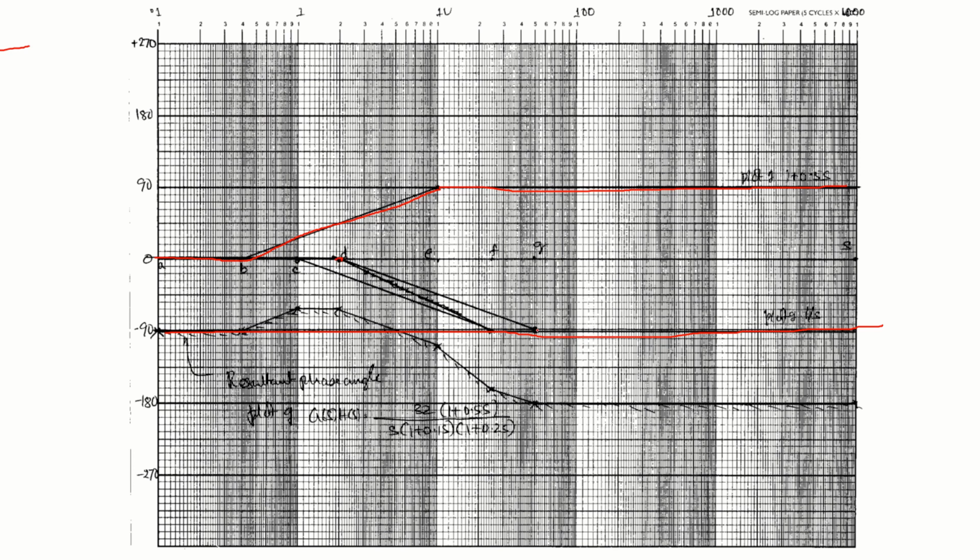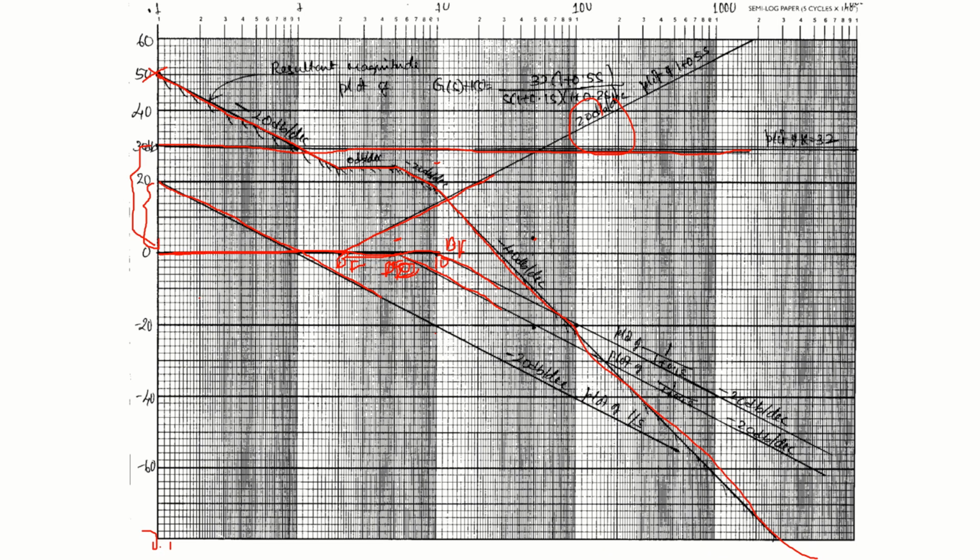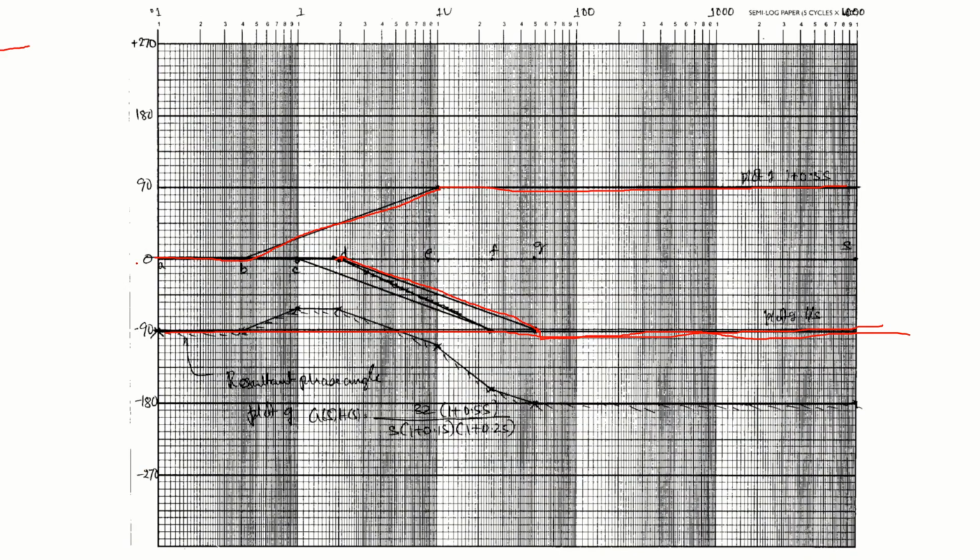Okay, draw this line. Differentiate, draw one more line here like this. Next you have 1 and 25.